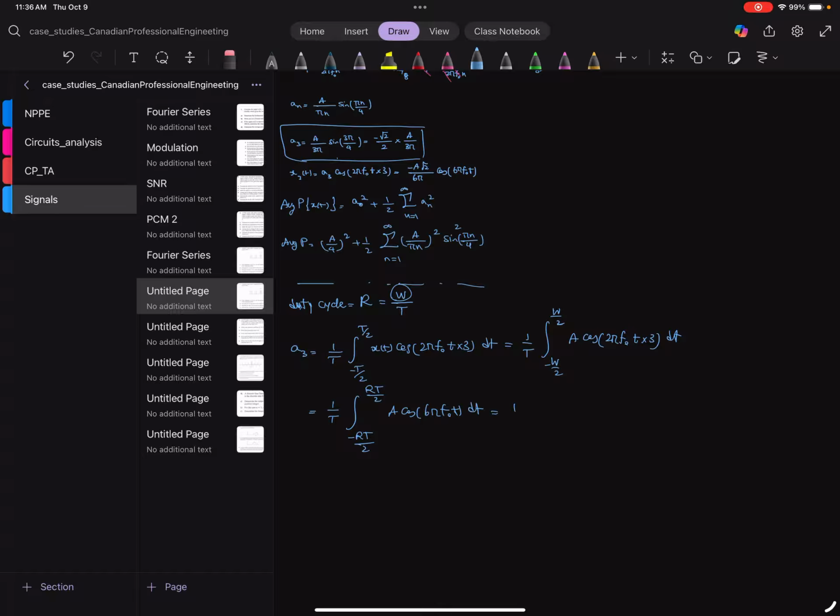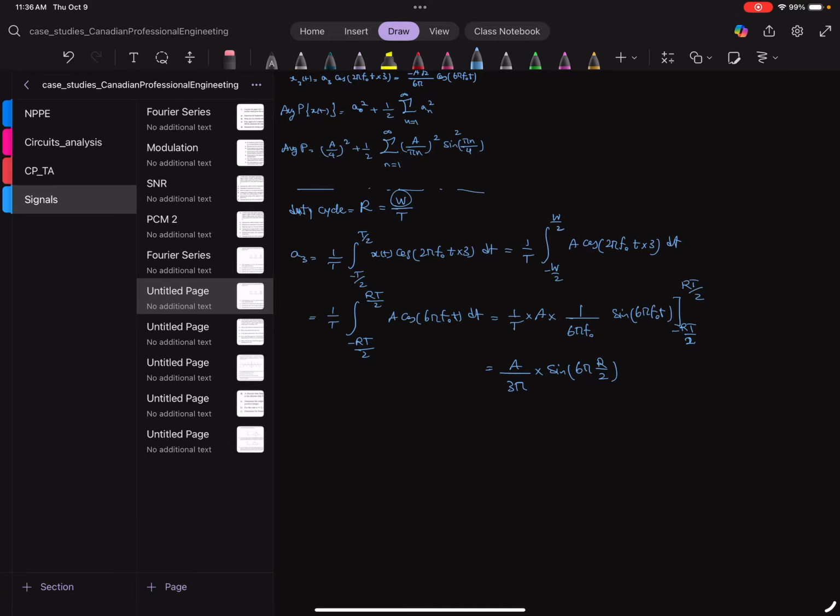Then this is 1 over T multiplied by a, 1 over 6 pi f0 sine of 6 pi f0 t, evaluated at rT over 2, so it's going to be a over 3 pi sine of 6 pi r over 2, right?